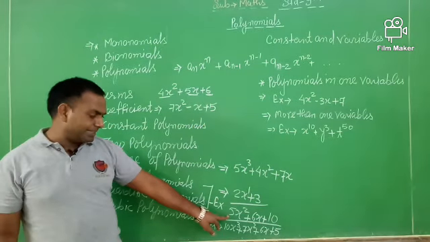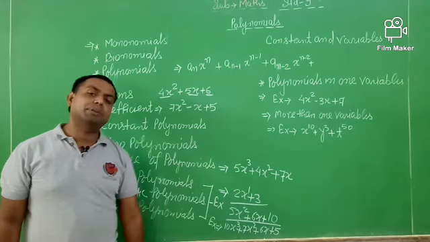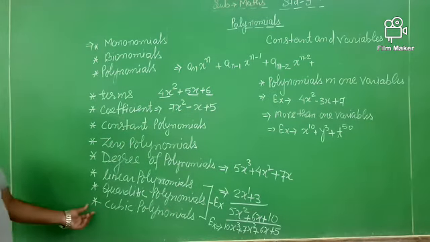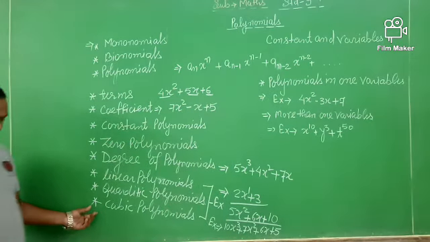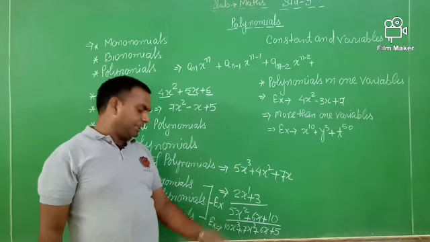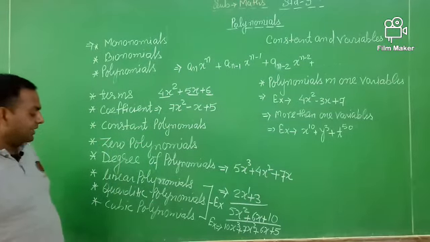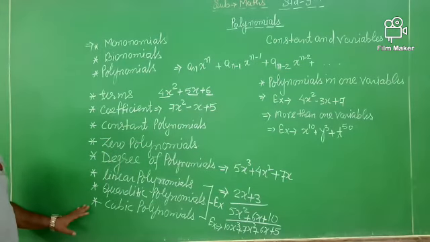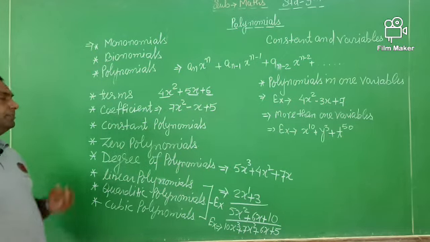The example is 5x square plus 6x plus 10. Third is the cubic polynomial: if the power of the variable is 3, then you can say this is a cubic polynomial. I think all of you understood about linear, quadratic and cubic polynomials.